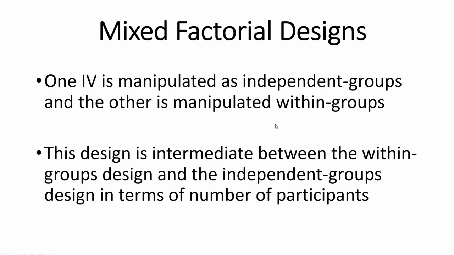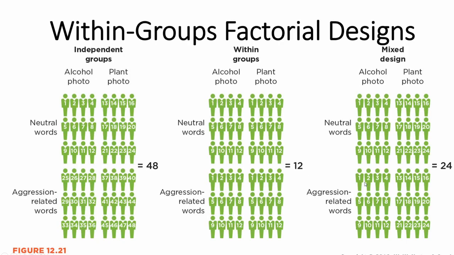So this is a split between our within groups design and the independent groups design, because it's going to be kind of halfway between the two. So here we would have the first group of 12 are always shown alcohol photos, but after being shown those photos of alcohol, they would be shown either a neutral word or an aggression-related word that they'd have to identify.